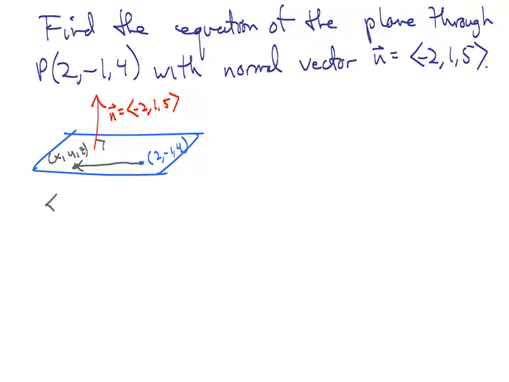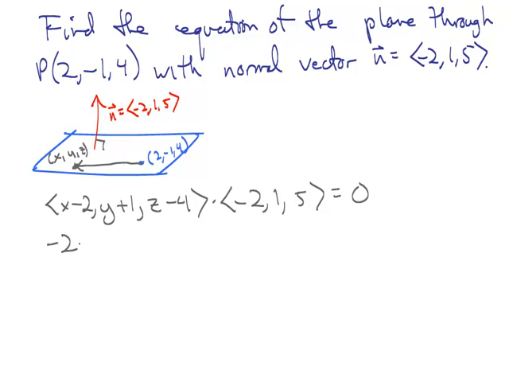And so we have that x minus 2, y minus minus 1 or y plus 1, z minus 4, there's the vector on my plane, dotted with negative 2, 1, 5 has to be equal to 0. So I've got negative 2 times the quantity x minus 2 plus 1 times the quantity y plus 1 plus 5 times the quantity z minus 4 is equal to 0.